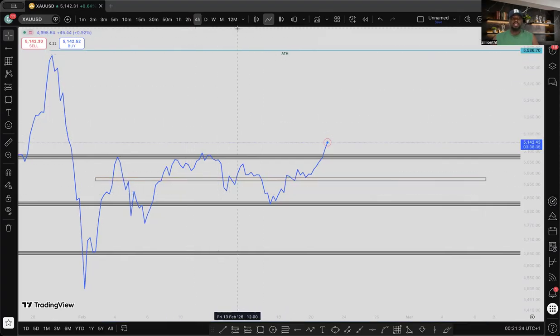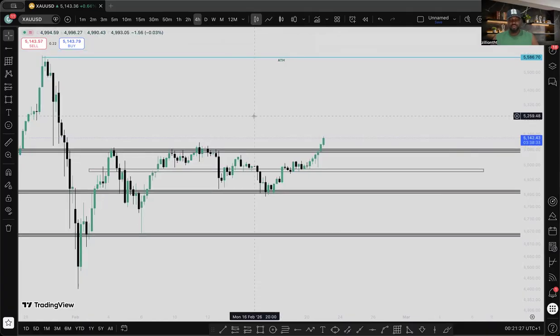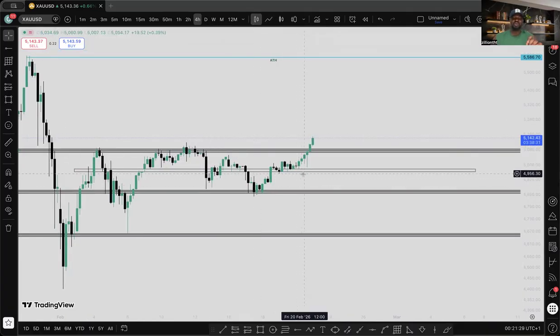So for us to get an entry from this minor structure, this is going to be the first attempt, because at the end of the day, the overall move that broke this resistance started from here. So for me personally, I always pull out my Fibonacci tool and push from swing low to swing high. You feel me?